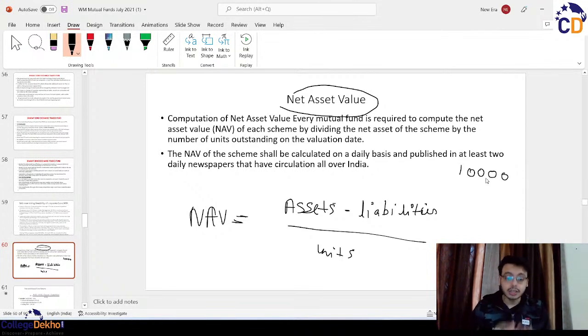And obviously you would have a budgeted amount, a corpus, that you would like to invest in the market. Say the amount you are willing to invest is 100 rupees. So the value of the benchmark index in the case of an index fund is 10,000, and you have just 100 rupees to invest.